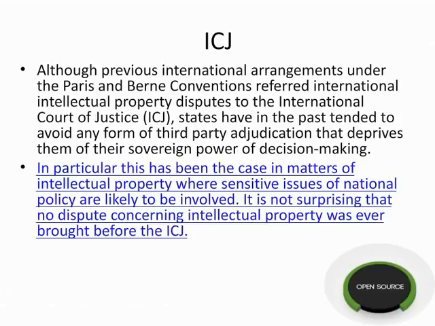So this particular law review article, which is not that old, said these IP matters involve sensitive issues of national policy, and so it's not surprising that there are no disputes dealing with IP arising before the ICJ.